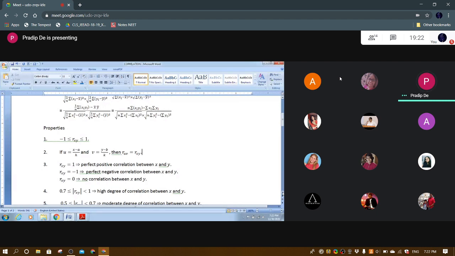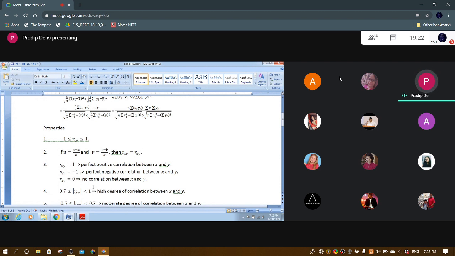Number 4, when the coefficient of correlation lies between 0.7 and 1, or lies between -0.7 and -1, then we say that there is a high degree of correlation between X and Y. If say R is equal to 0.8 or say -0.85: when R is equal to 0.8, we say that the variables X and Y have a high positive correlation, and if Rxy is equal to say -0.85, we say that X and Y have a high degree of negative correlation.